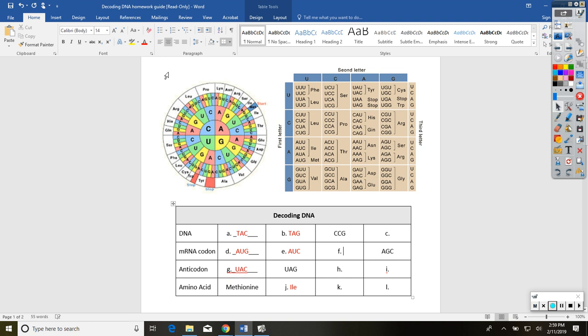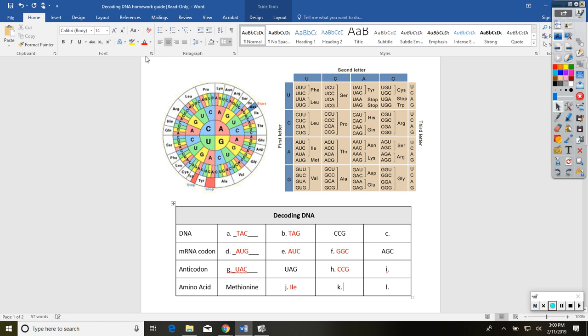In the next column, it gives you the DNA strand, and it wants you to find the mRNA, the tRNA, the anticodon, and the amino acid. So first, we must figure out what the mRNA strand is. CCG: C pairs with T, C pairs with G, G pairs with C. The anticodon, or the tRNA that matches: G pairs with C, G pairs with C, C pairs with G. We're basing the anticodon on the codon.